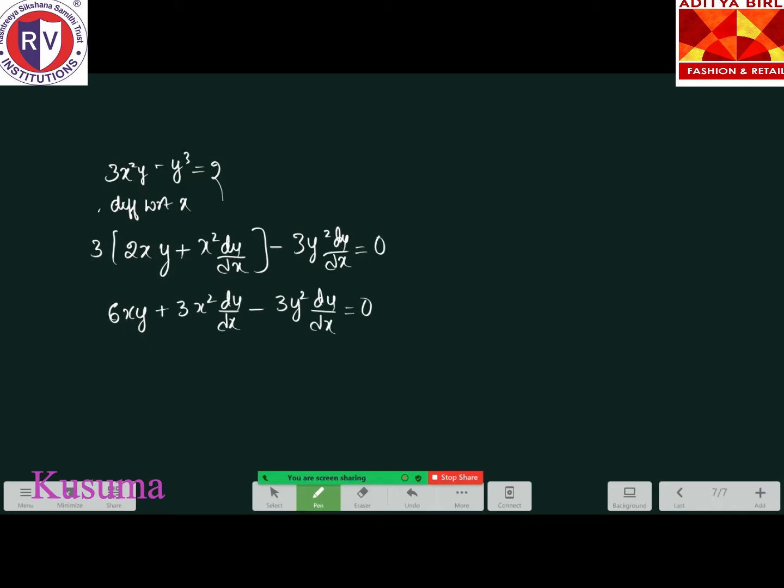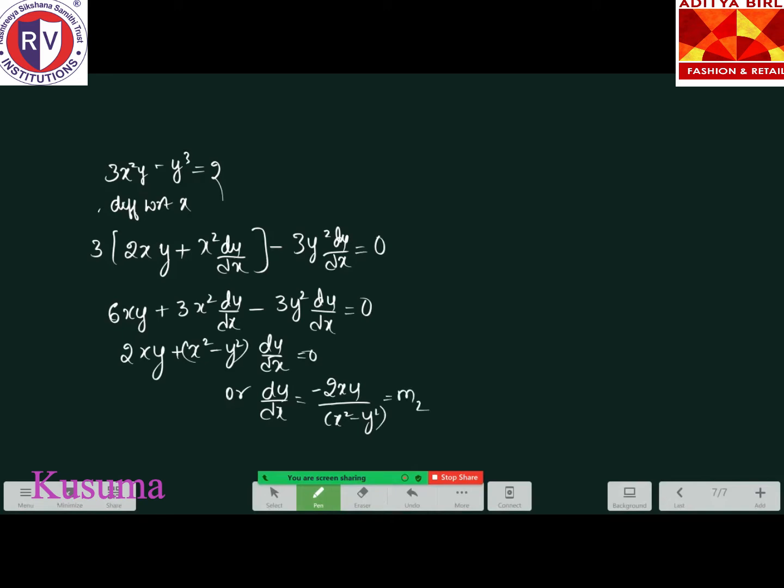We can take 3 common out of these and simplify it to 2xy plus x square minus y square into dy by dx is equal to 0, or dy by dx will be equal to minus 2xy divided by x square minus y square. So this is our M2.